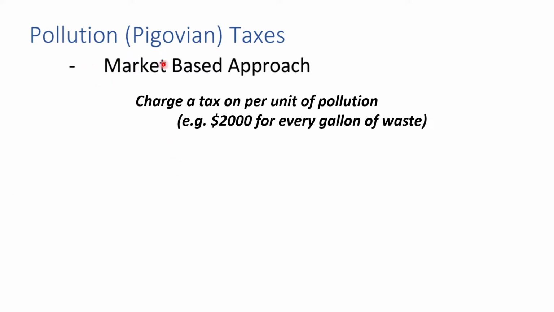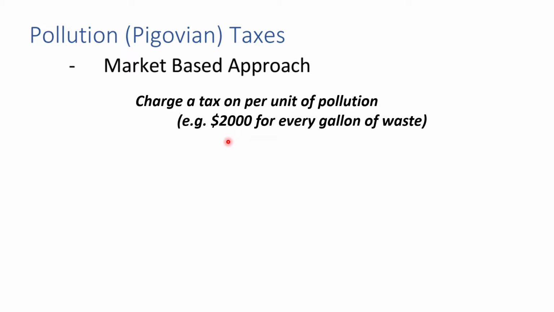Okay, so a pollution tax, or what we will also call a Pigouvian tax, is a market-based approach. The reason we call this a Pigouvian tax is that it is similar to an externality tax that we've talked about in chapter 3. Say that every gallon of waste causes $2,000 worth of pollution in monetary damage.